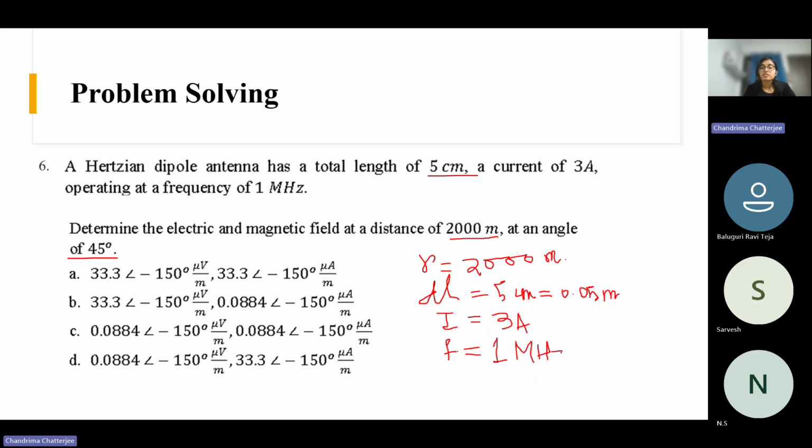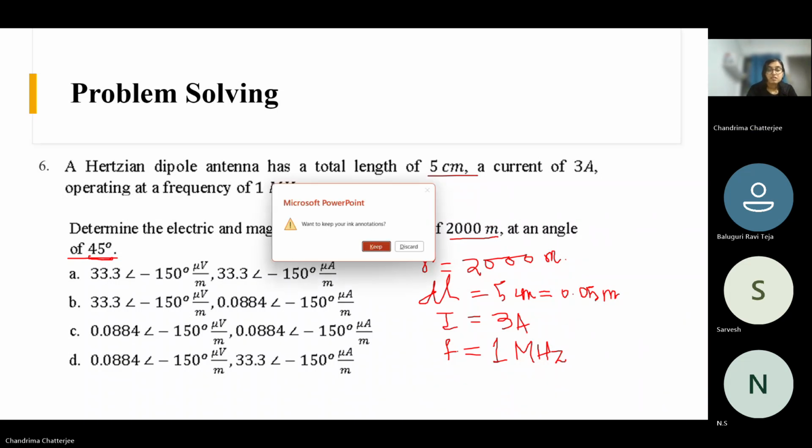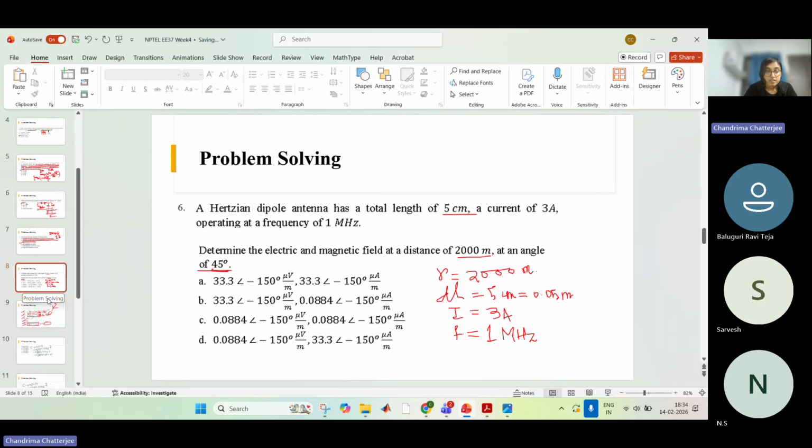And the angle theta is 45 degree. Now what will we have to calculate? We will calculate step by step. Let's take another slide so that we can do the calculations.